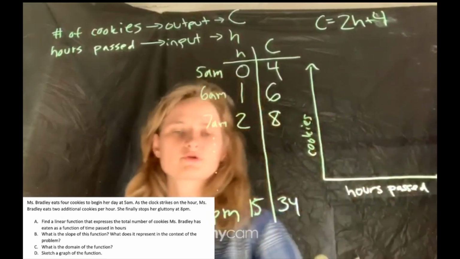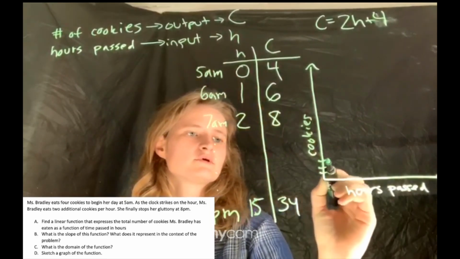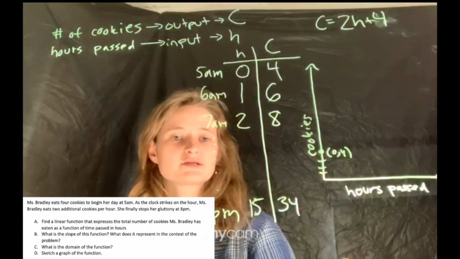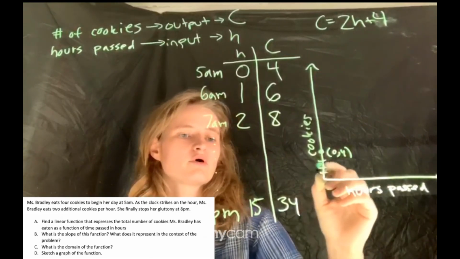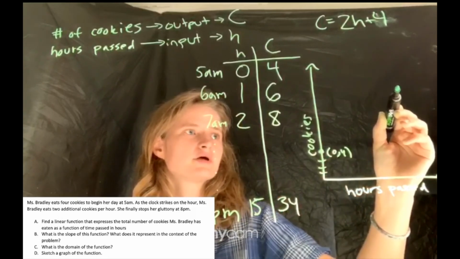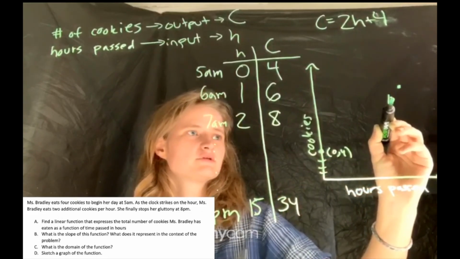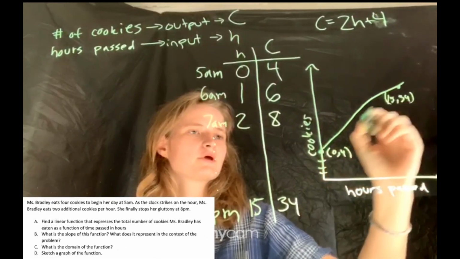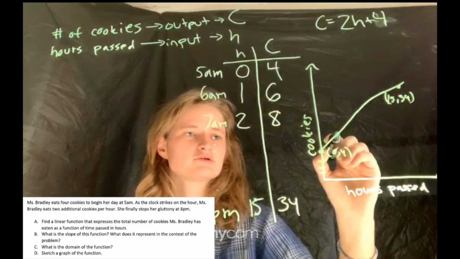And then we just have to plot our points. So we have 0, 4. Make sure you label these in problems like this. And then we go all the way to 15, 34, though this is not going to be to scale at all. Let me just connect them. And our other points are along this line, so you can label some of those as well.